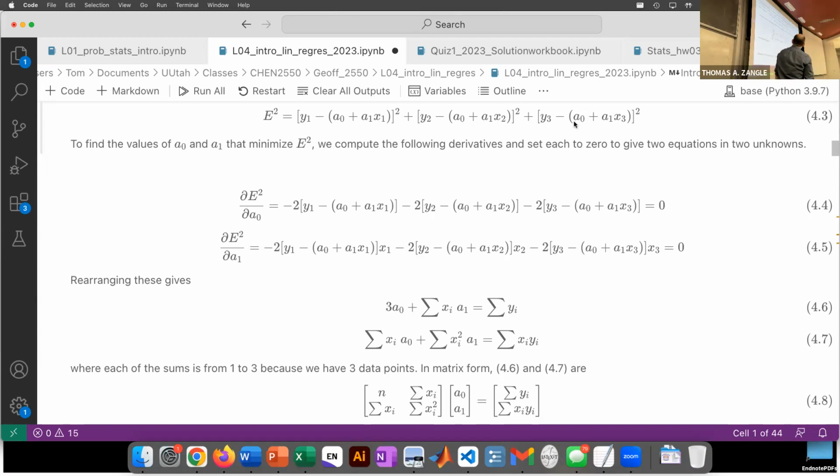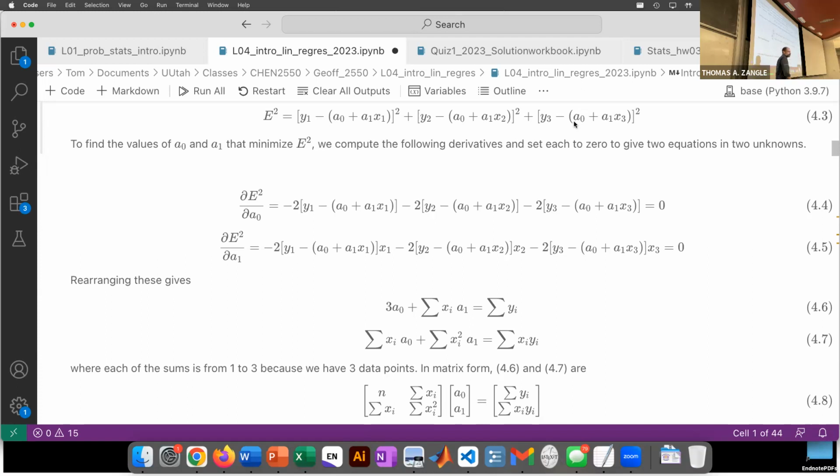We know from calculus that if we're trying to find the minimum of some function of A0 and A1, we can take the derivative of that function and look for where it's equal to 0. That'll help us find a local minimum or local maximum. So we're going to take the derivative of that error with respect to A0, and the derivative of that error with respect to A1. We can find those analytically, and we're going to set those equal to 0.